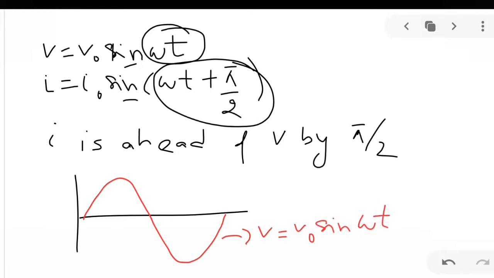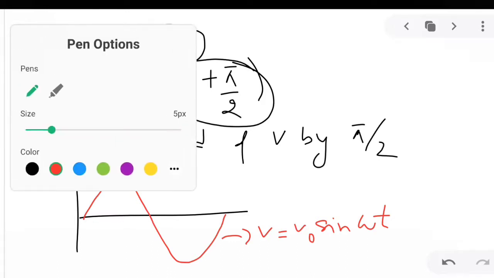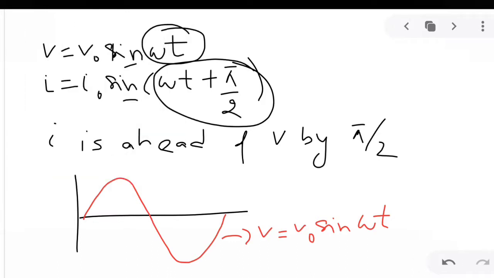Then the variation in current is sine omega t plus pi by 2, so it will be like this. That means when voltage is 0, current will be maximum. When voltage becomes maximum, current will be 0. So there is a phase difference of pi by 2.